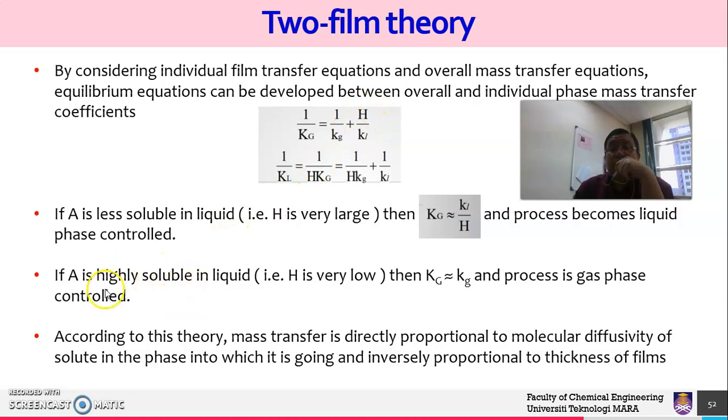Otherwise, if it is very small, of course it will follow 1 over kg, so it is gas phase control. Okay, so mass transfer is directly proportional to the molecular diffusivity of the solute, into which it is going, and inversely proportional to the thickness of the film.